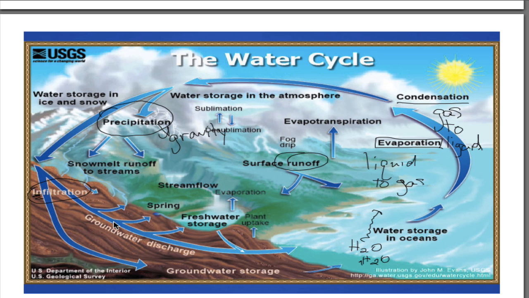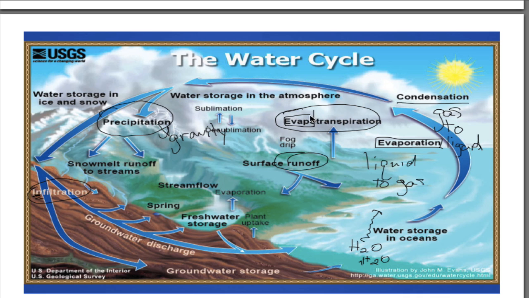Now the last little piece of this comes from plants, and it's called this big fancy science word, evapotranspiration. If you break it down, you should see that evapotranspiration starts with evapo, same as evaporation.